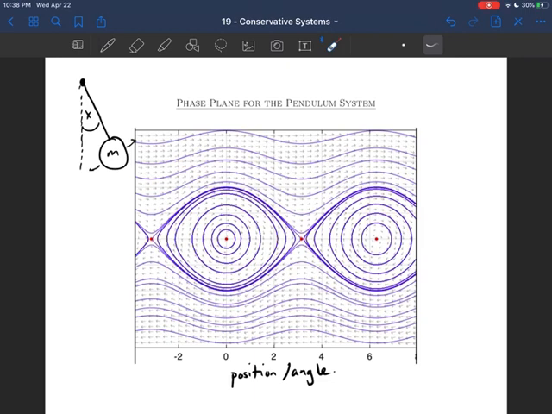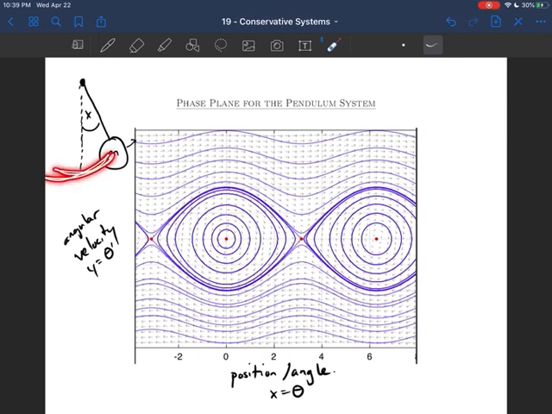When it's equal to 0, like at the equilibrium right here, that's when the pendulum is hanging straight down. When we get over here to pi, that represents when the pendulum is actually standing straight up. And then we have every possible thing in between.